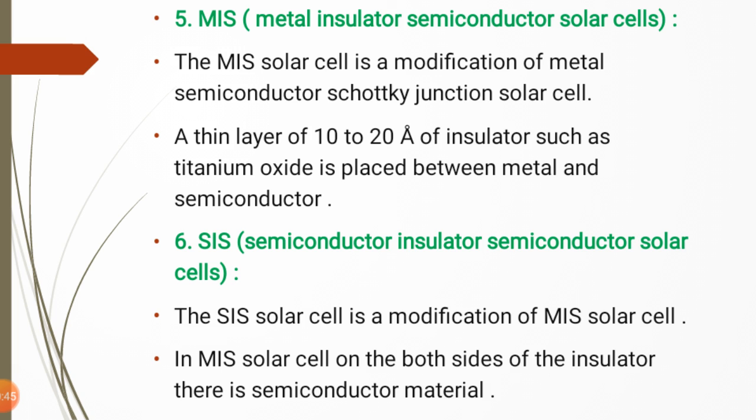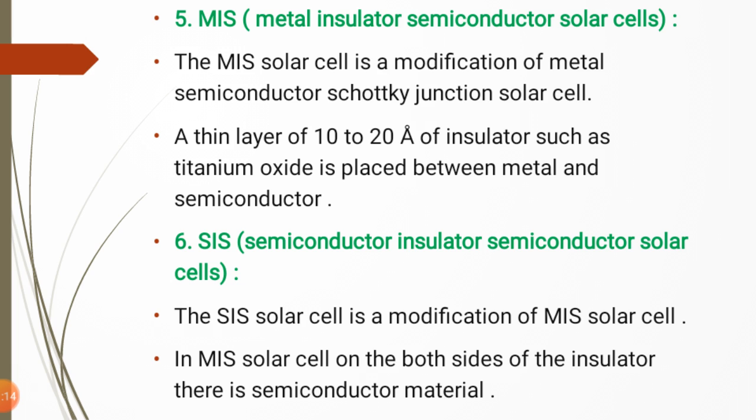Similarly, in the MIS solar cell, that is a metal insulator semiconductor, there is an insulator material sandwiched between the metal and semiconductor. That means on one side of the insulator there is a metal, and on the other side there is a semiconductor material, and after that there is a formation of the Schottky junction.